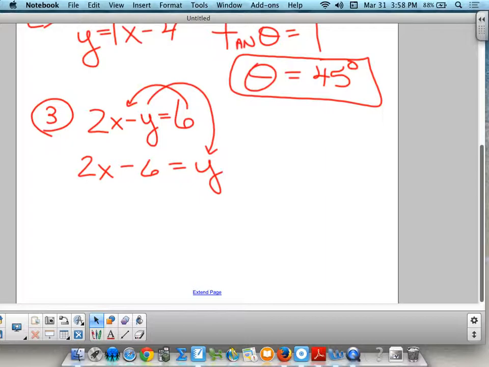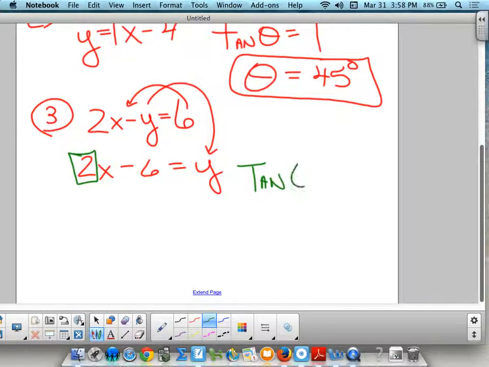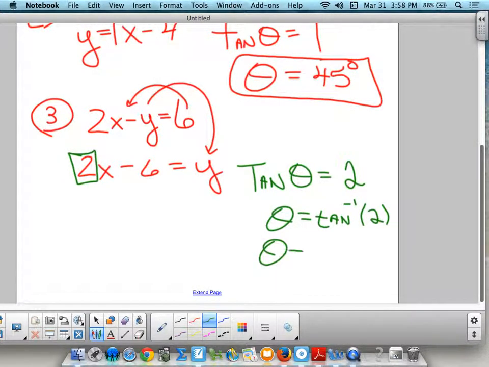Again, slope is positive 2, so you'll do tangent of my angle of inclination is equal to 2 over 1. Inverse tangent of 2, you will get 63.4 degrees. Good? I hope that's good.